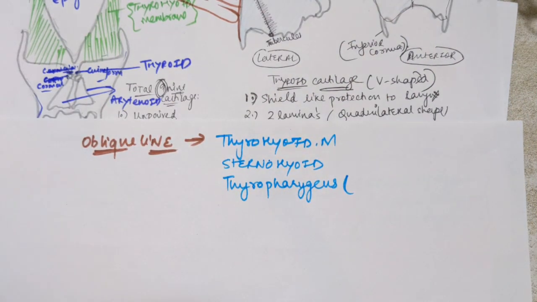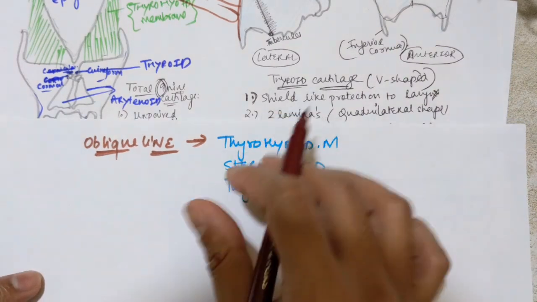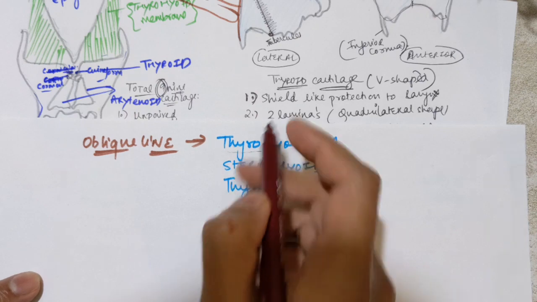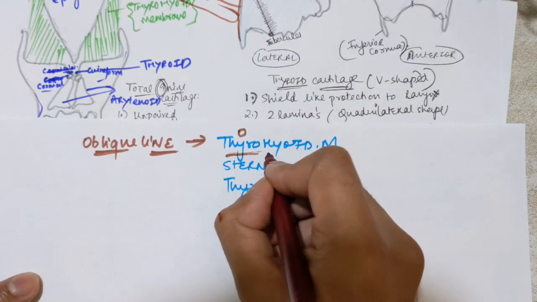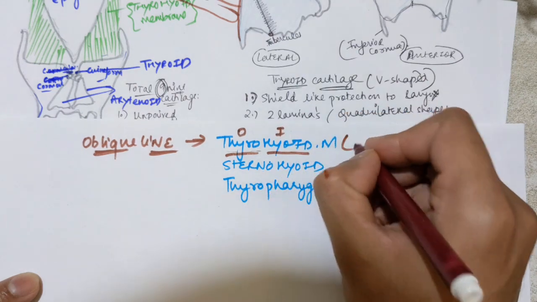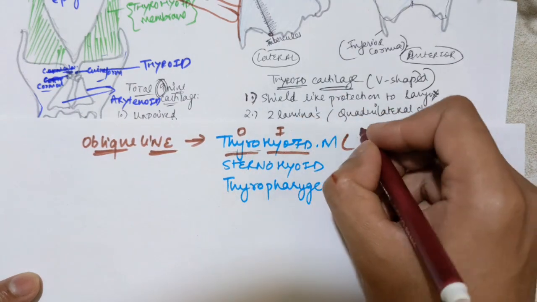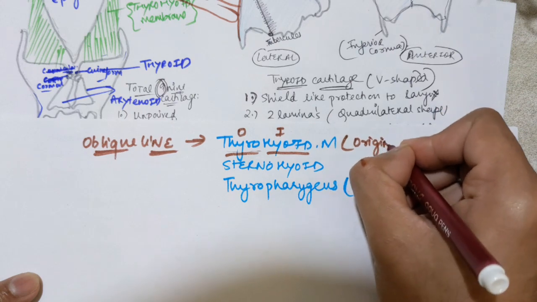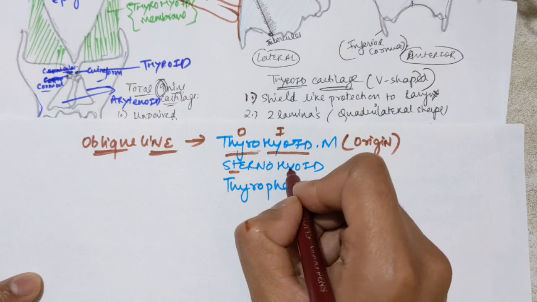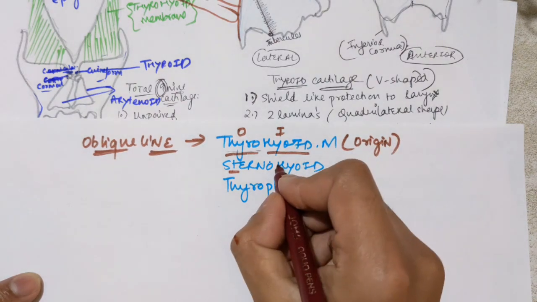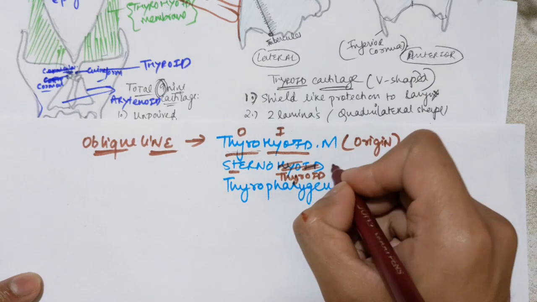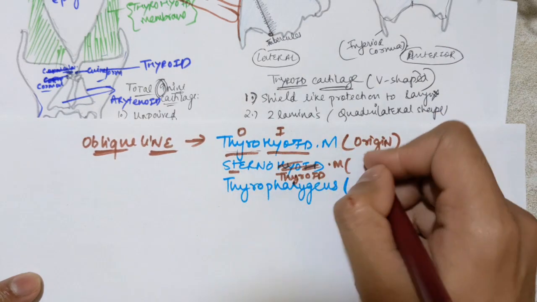I will be writing it here, the thyrohyoid. Always remember one concept: the name which is first is the origin of that muscle, and the name which is second is the insertion. So here, for thyrohyoid, the origin is the oblique line and the insertion is the hyoid bone. Then sternothyroid: it originates from the sternum, so the sternum is the origin and the oblique line here is the insertion.